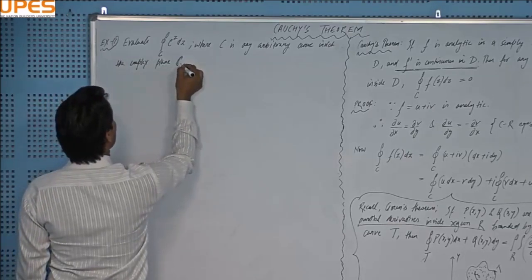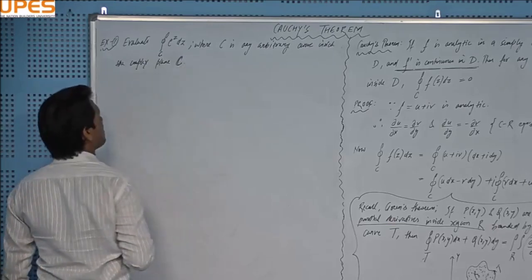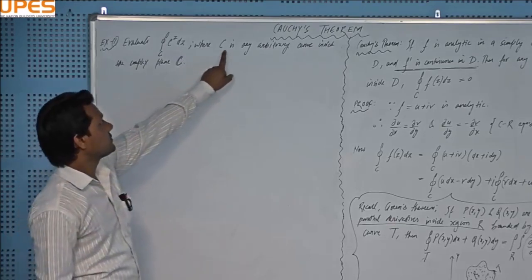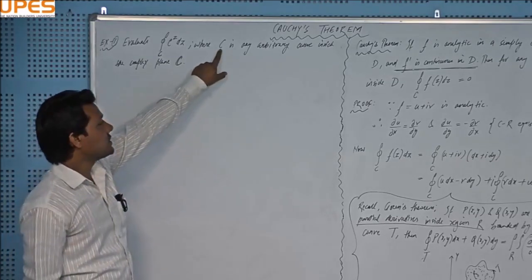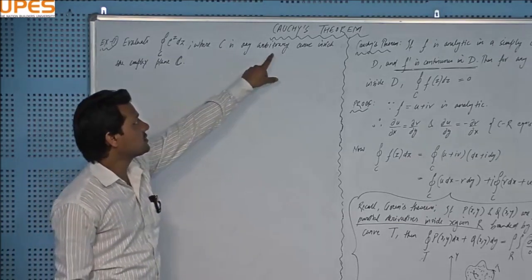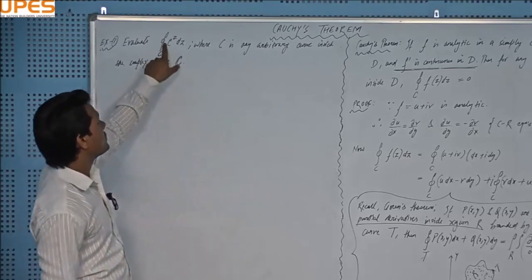The shape of the curve C is not known, but it is only known that the curve is closed due to this symbol.